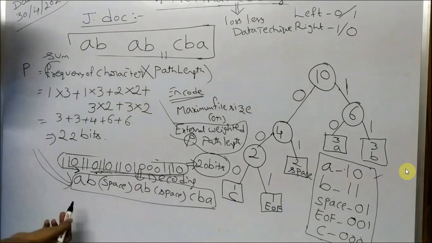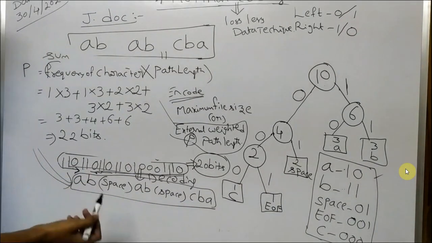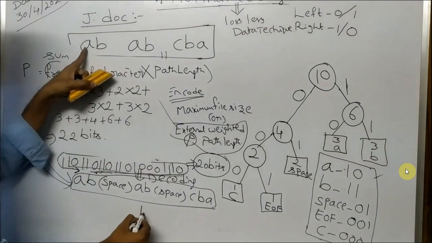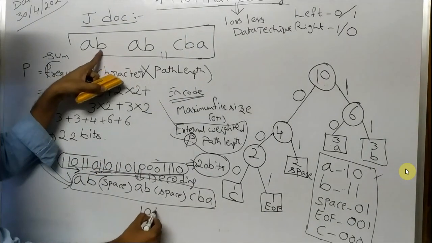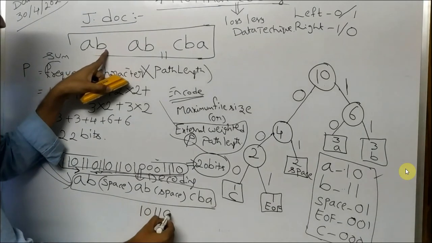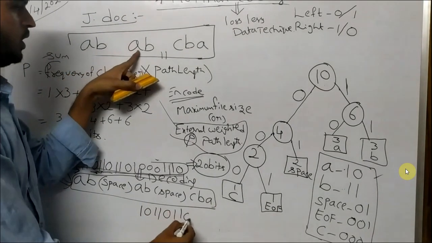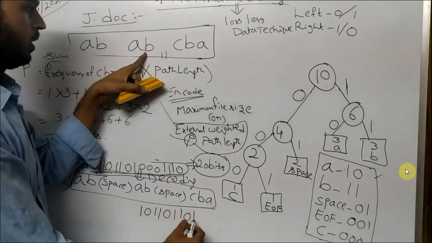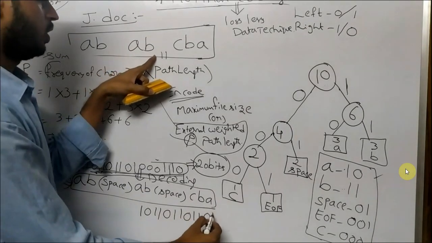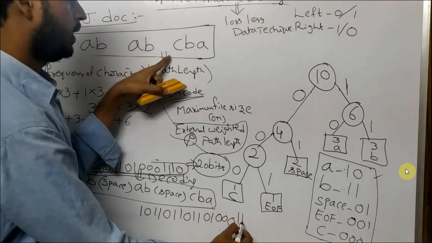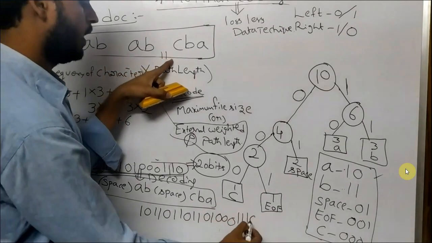Just see here, I am rewriting once again. For A, 1 0, for B, 1 1, for space 0 1, for A 1 0, for B 1 1, for space 0 1, for C 0 0, for B 1 1, for A 1 0.